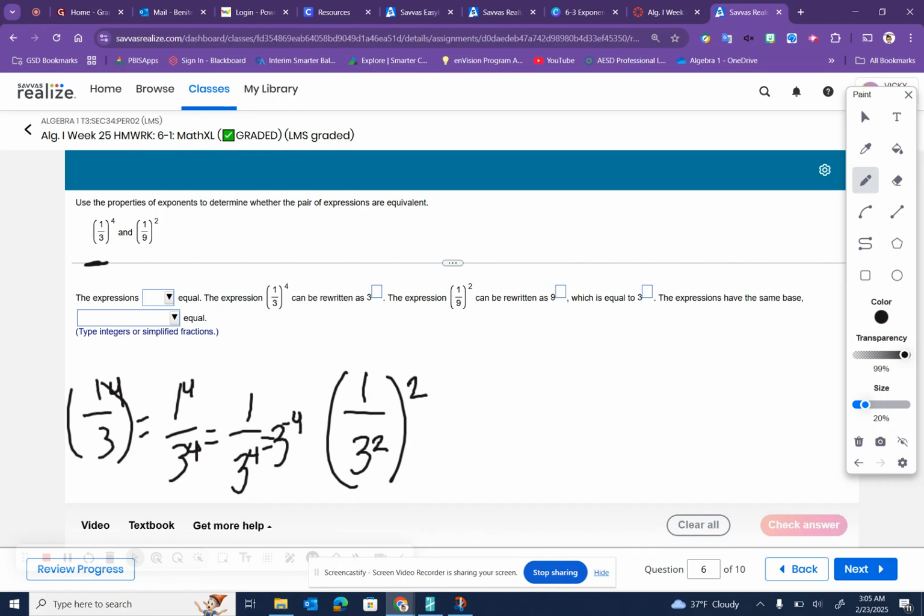The one that was 1/9 squared, if I look at this first one, I can write it as 1 squared over 9 squared. 1 times 1 is 1, and I have 9 squared here.